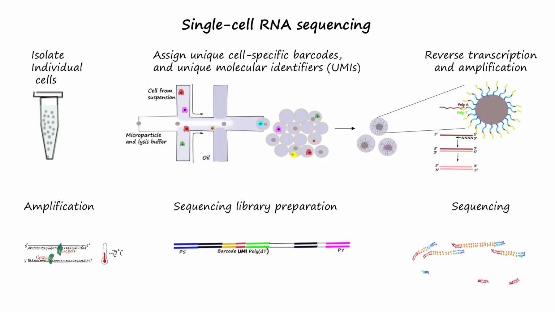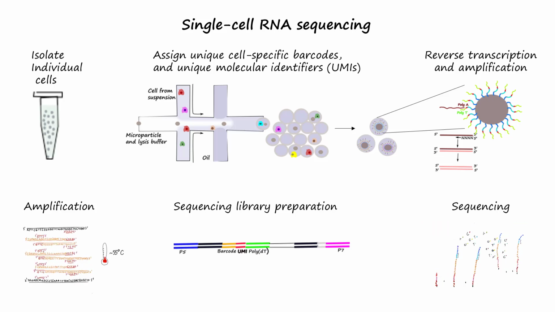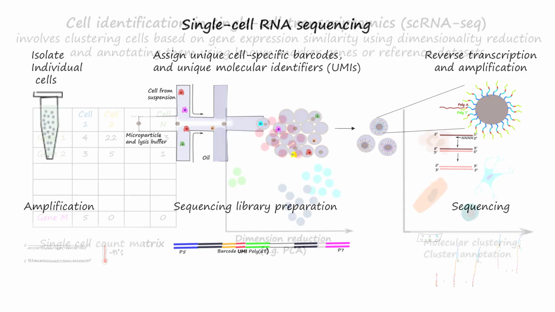After this cell labeling step, single-cell RNA sequencing follows many of the same fundamental molecular principles as bulk RNA-seq, including reverse transcription of RNA into cDNA, amplification, sequencing library preparation, and downstream sequencing analysis.